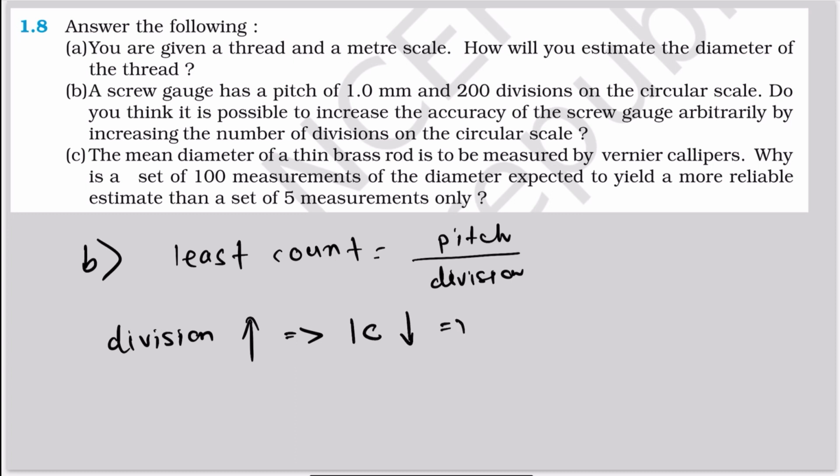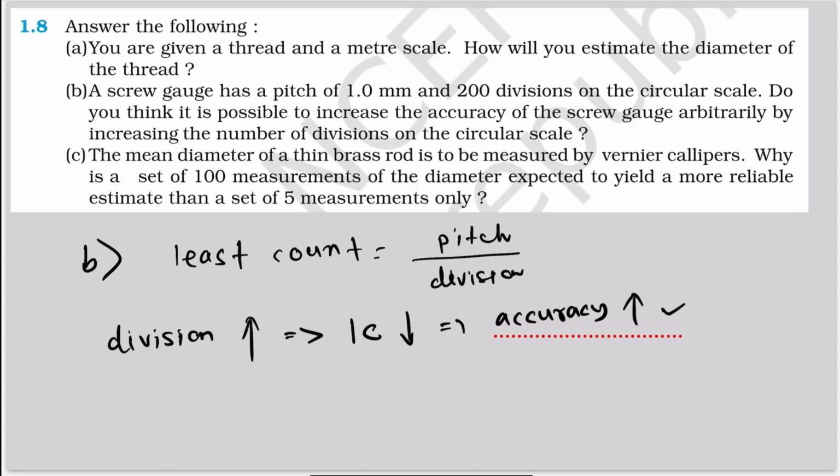That means the accuracy will increase, isn't it? So accuracy will increase. So theoretically it's possible. If I increase the number of divisions, then accuracy will definitely increase. Theoretically it is possible, but in practical situation it's something different. Why?